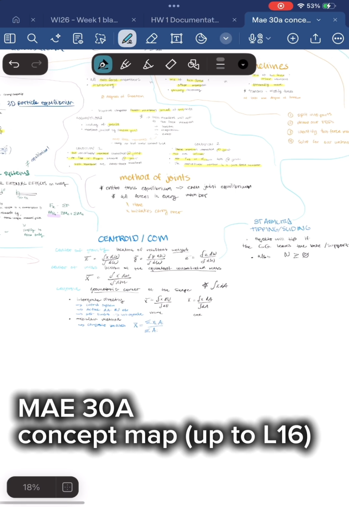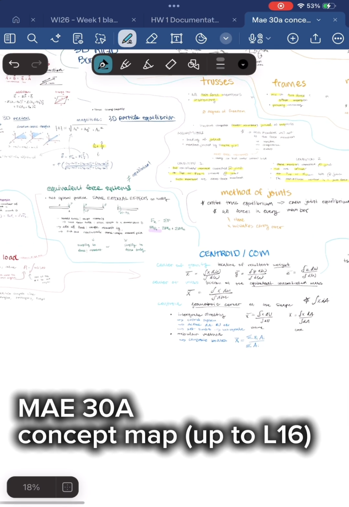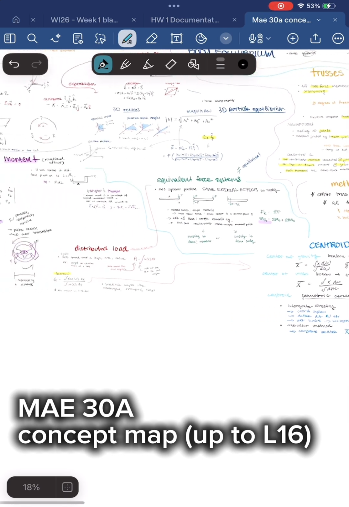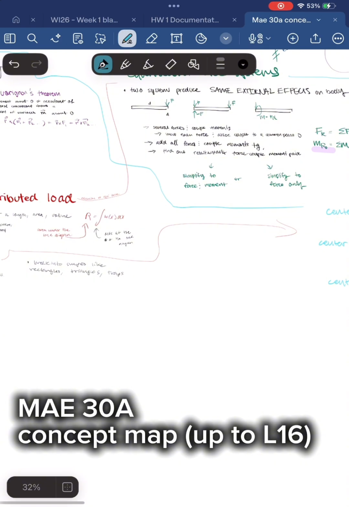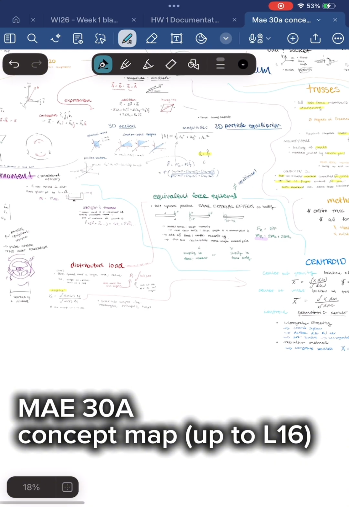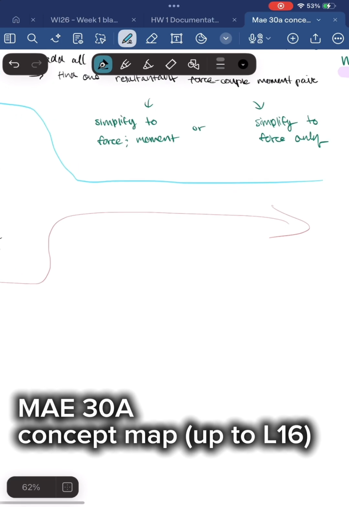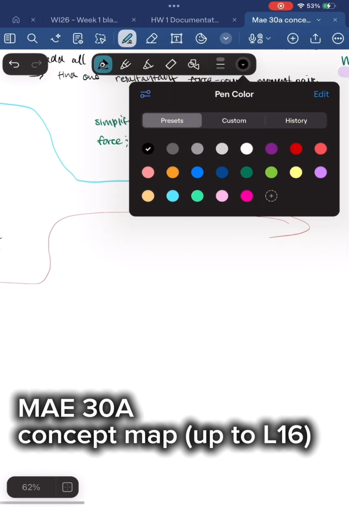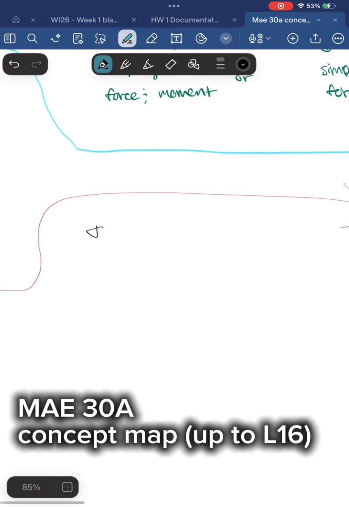Centroid and distributed load are very closely connected. So find the area.